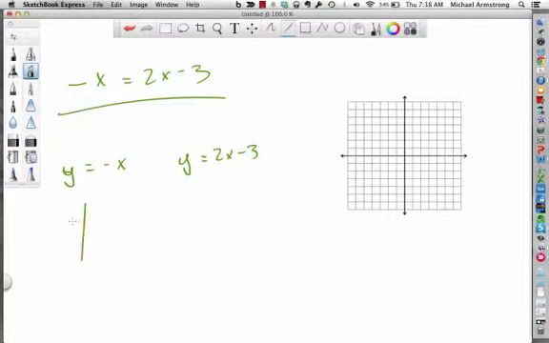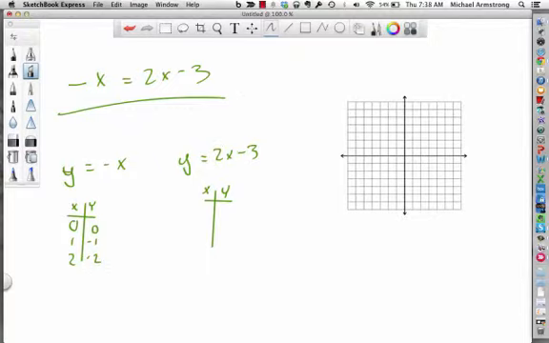And then I set up our little tables, and you use an x and a y. And then you put in numbers like 0, 1, and 2. If x is 0, then y is 0, because negative 0 is still the same thing. If x is 1, then y is negative 1, and if x is 2, then y is negative 2.